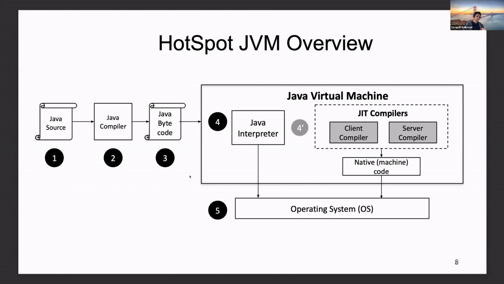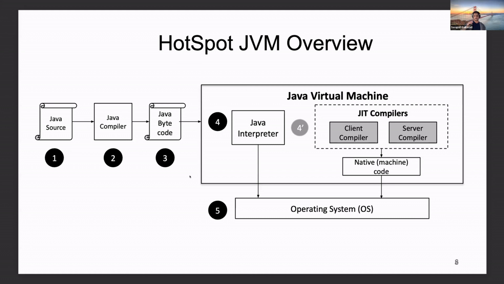When a method is called over and over again, first it is given to the client compiler to compile. And if the same method is still getting called again and again, then it is given to the server compiler. So what's the difference? The client compiler will try to give you the compiled version of the code a bit faster than the server compiler, so it will not do certain optimizations.